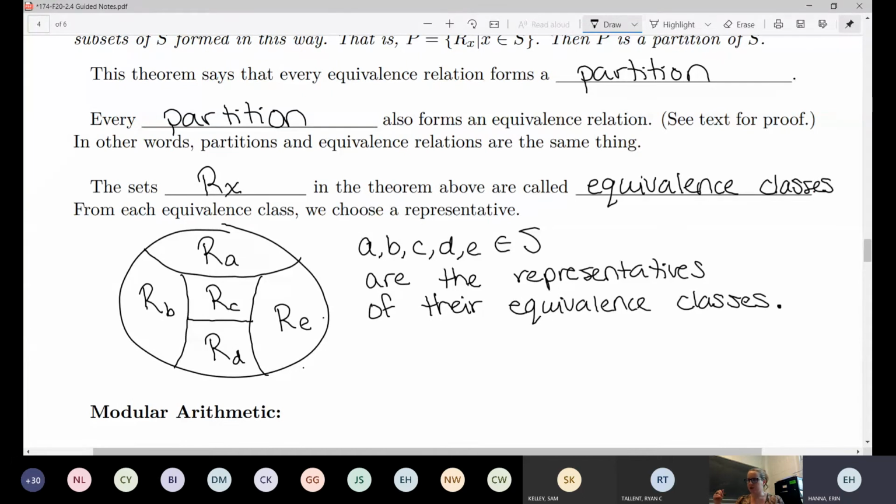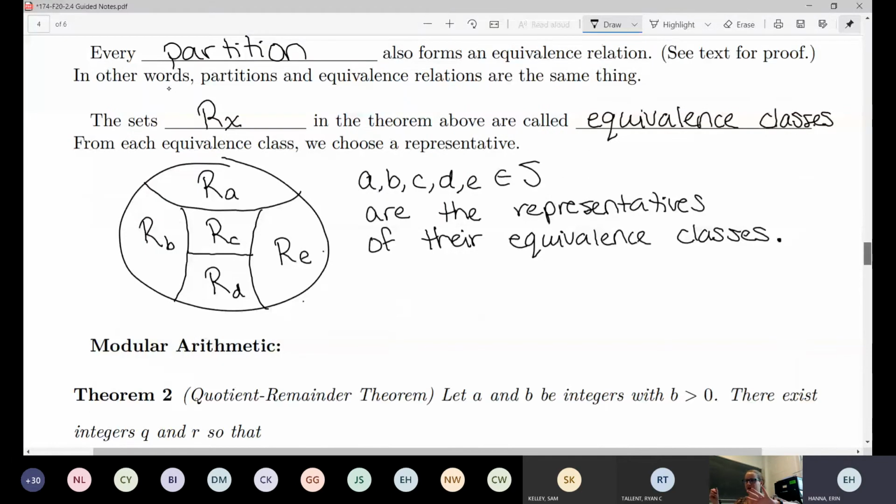So the main equivalence relation we're going to consider in terms of this partition idea is something called modular. We're going to talk about modular arithmetic as well, but we have these sets that have this mod relation that we'll learn, and we'll look at that as an equivalence relation.